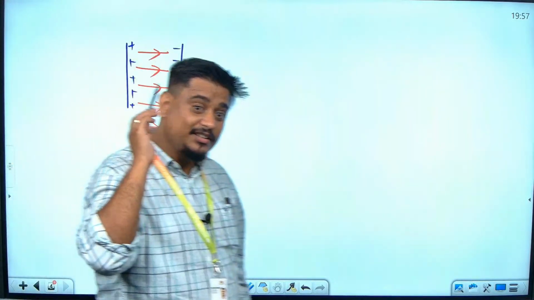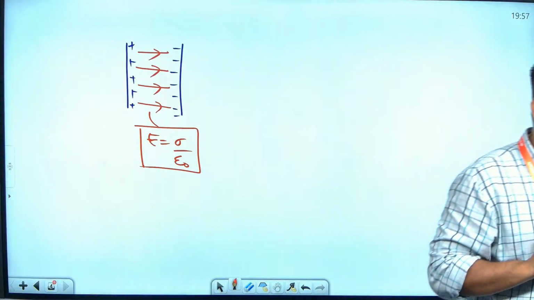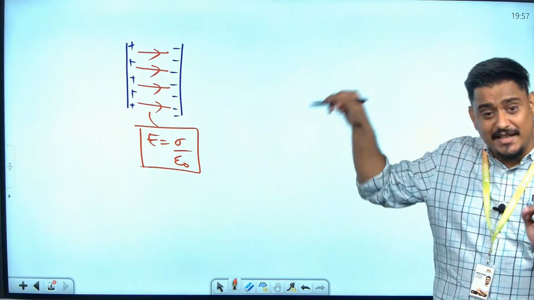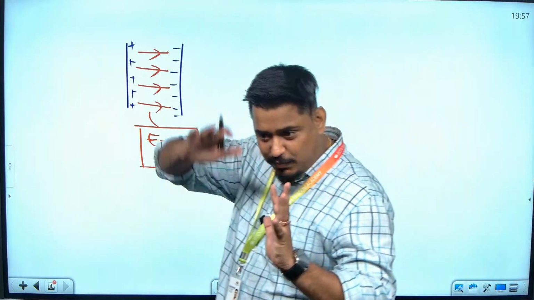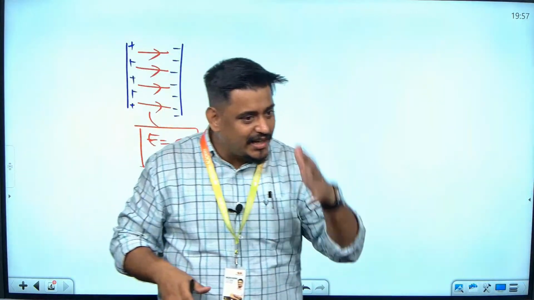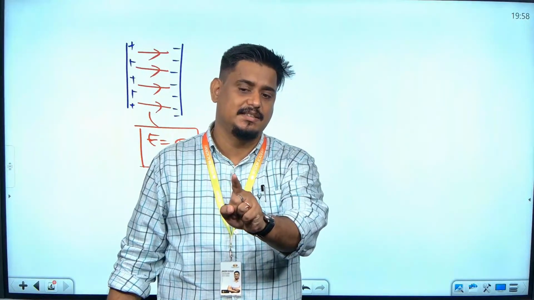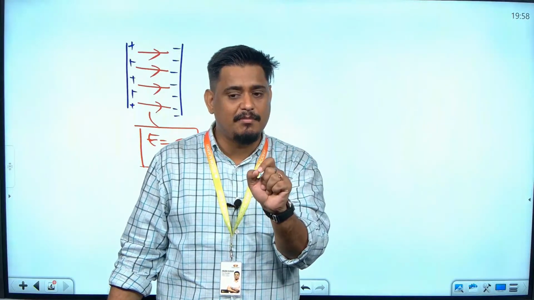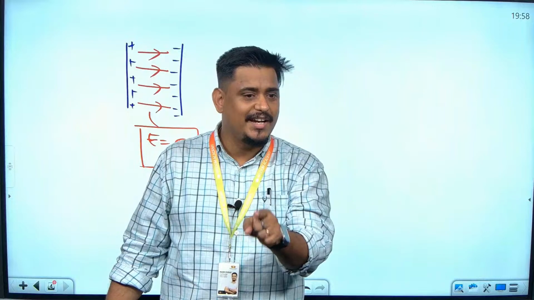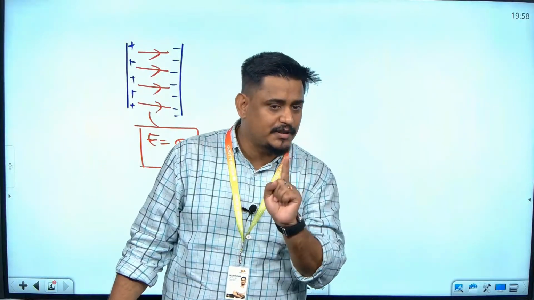Put it in your permanent memory, because this is going to be used many times in 12th. If there are two plates, positively charged and negatively charged, having the same charge densities and opposite polarity, then between them the electric field is uniform, and its value is sigma by epsilon naught.